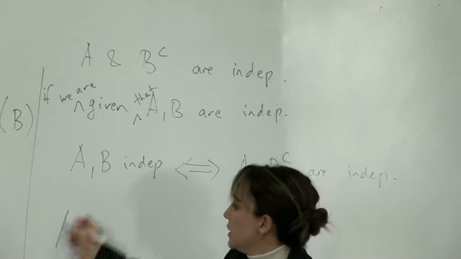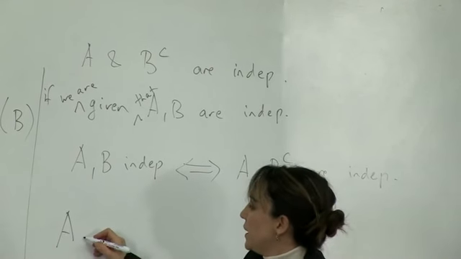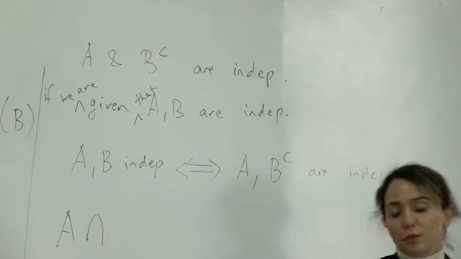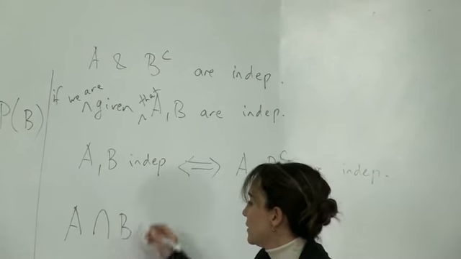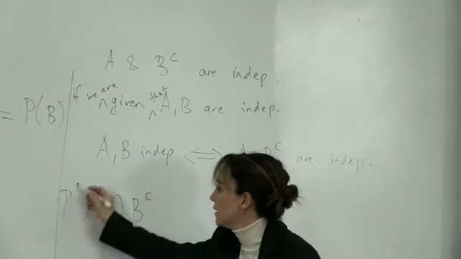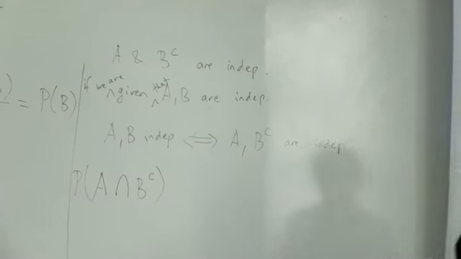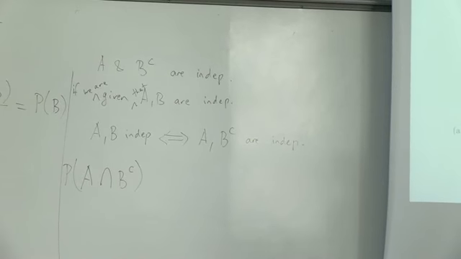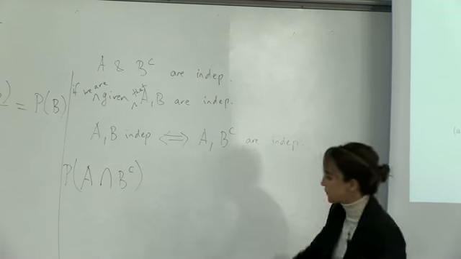So, to show that A and B complement are independent, we need to check that the probability of A intersection B complement breaks up into the product of probabilities of A and B complement. So how do we do this?